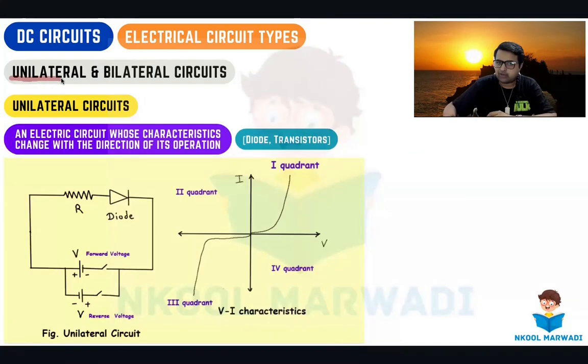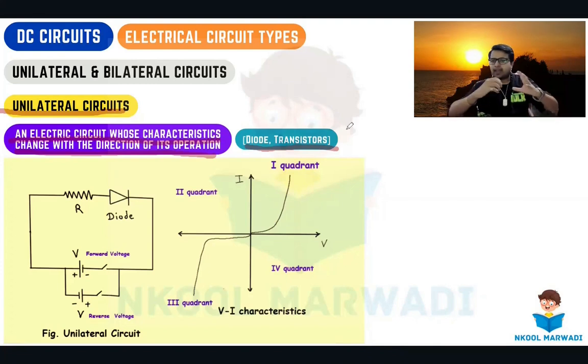Okay, students, now we will discuss unilateral and bilateral circuits. So what are unilateral circuits? An electric circuit whose characteristics change with the direction of its operation. Diodes and transistors are unilateral. If the direction of current changes, then the nature of the circuit will change, and that will be a unilateral circuit.